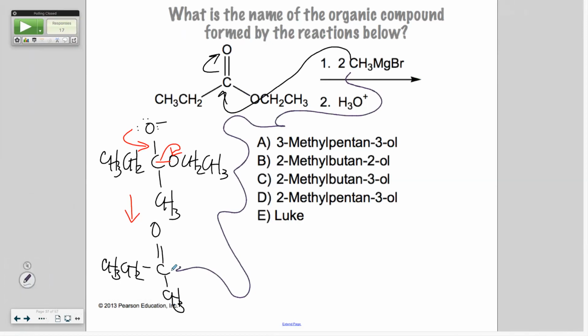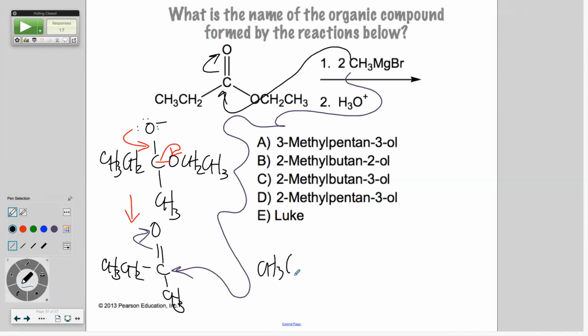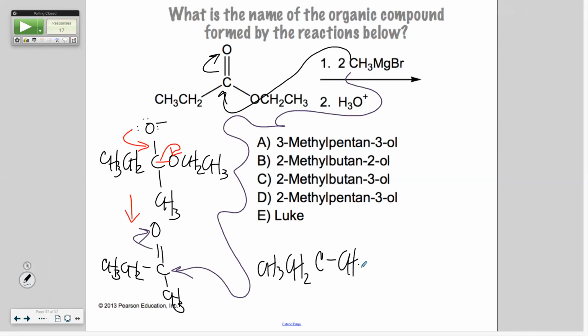Goes to the... purple pens have a tendency to do that. All right, so what are we going to get? 1, 2, 3, 2 methyls on that carbon, an O minus, and then what does the acid do?